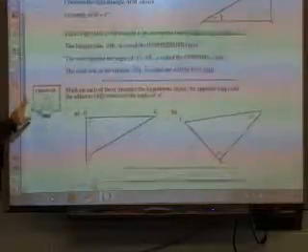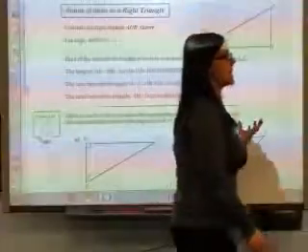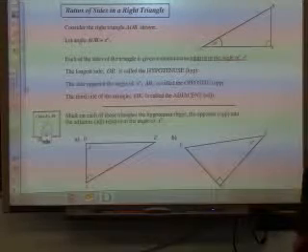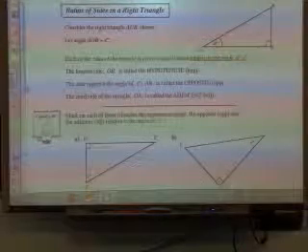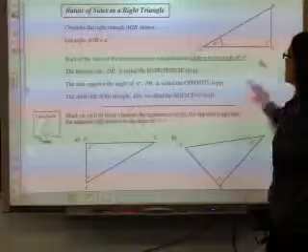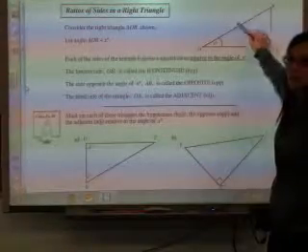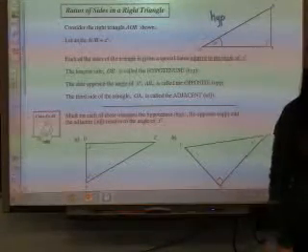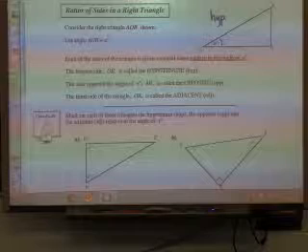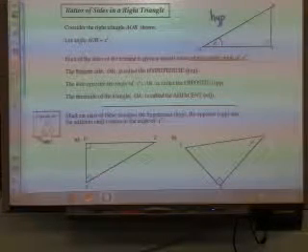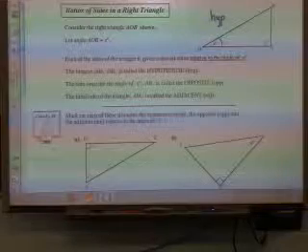In relation to this angle X, we can label the other three sides. First of all, we have the hypotenuse. The hypotenuse is always the longest side of the triangle, which means it's always across from the 90-degree angle. This becomes my hypotenuse. The other two sides, which we call the opposite and the adjacent, depend on where angle X is.